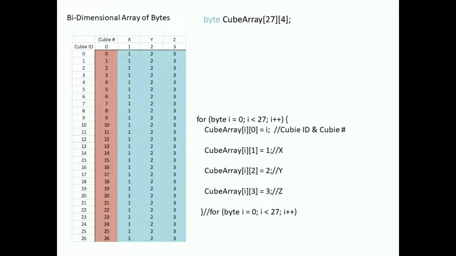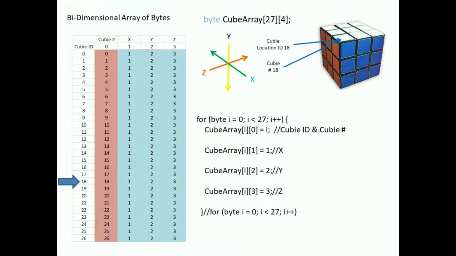It will also have an X, Y and a Z all orientated the way a solved cube would be. So here we're looking at cubie 18 in location 18, and we can see by here that it is orientated correctly because we have a 1, a 2 and a 3 in the X, the Y and the Z location.